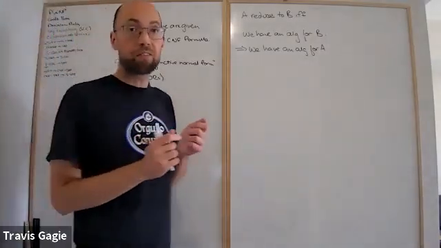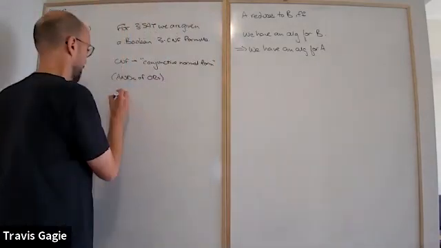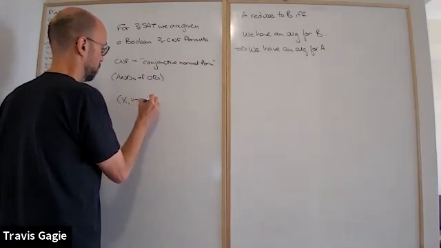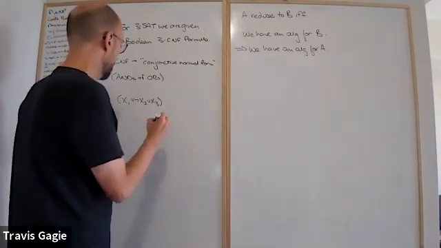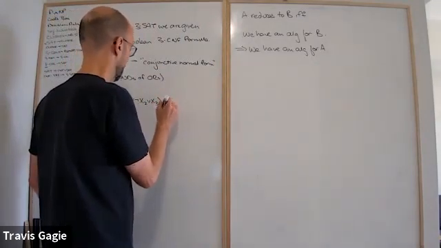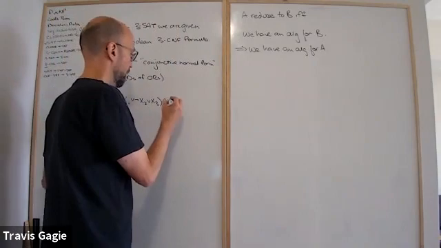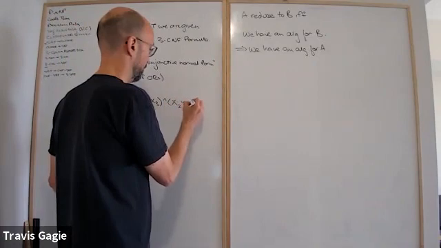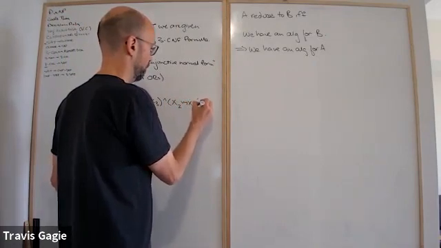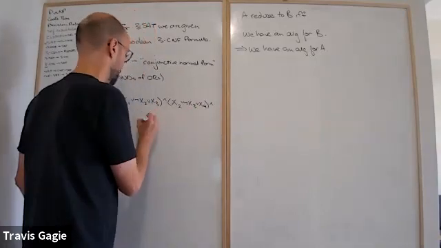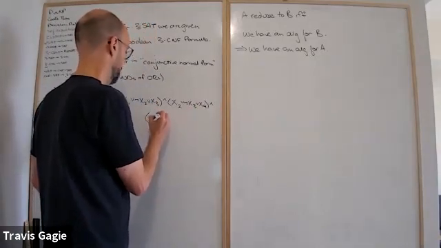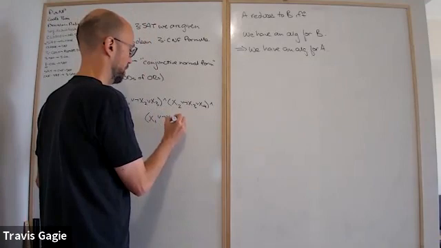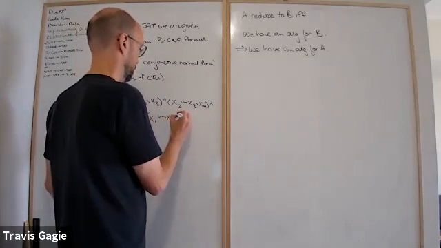3CNF means each clause has three variables. So it's something like x1 or not x2 or x3, and x2 or not x3 or x4, and x1 or not x3 or not x4.